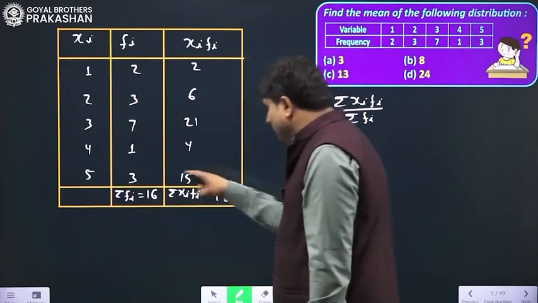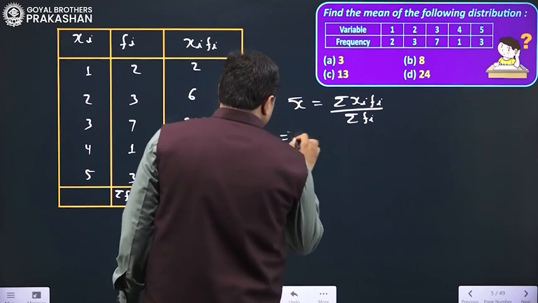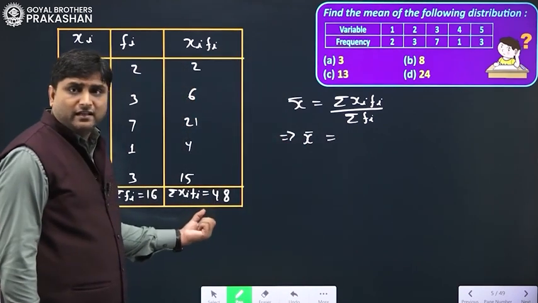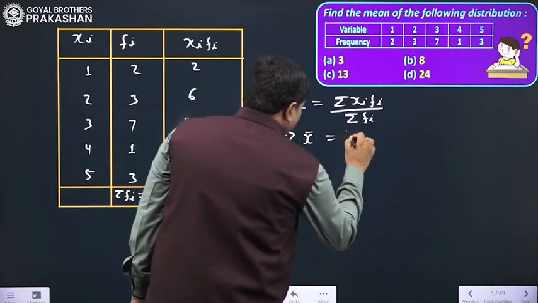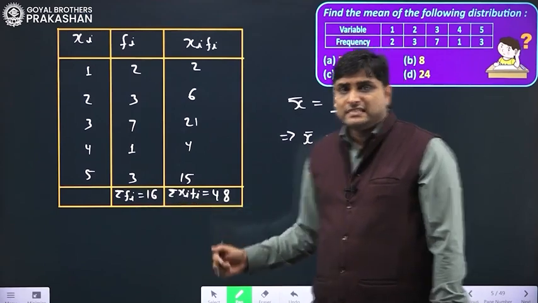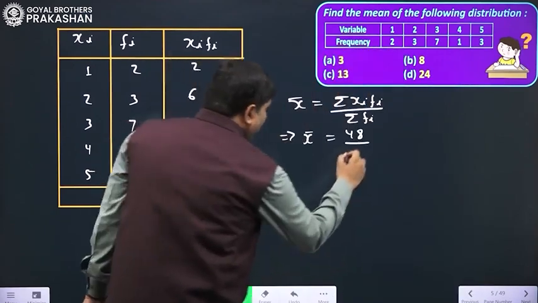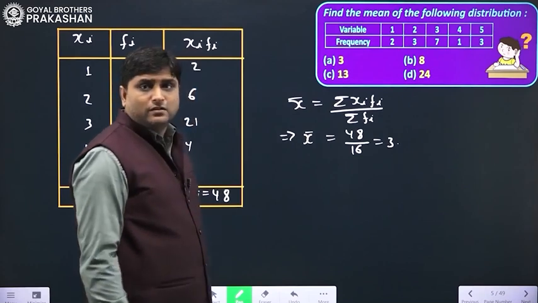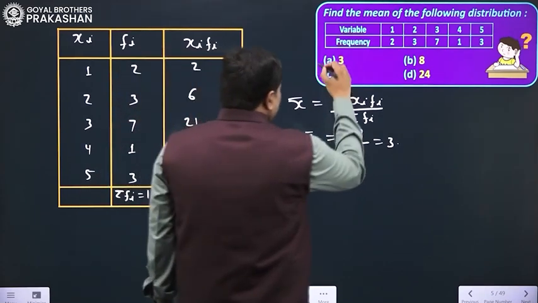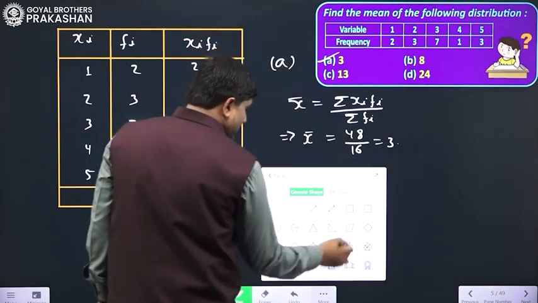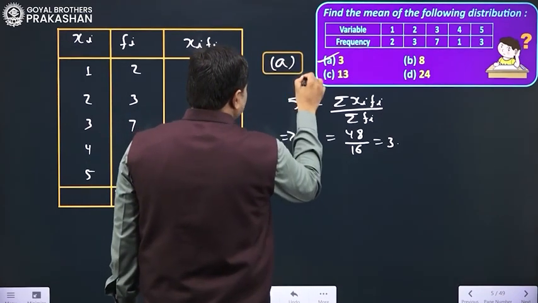If we put these values in the formula, then x bar will be summation of xi fi, which we get as 48, divided by summation of fi, which is 16. So 48 divided by 16 is equal to 3. So the mean for this given data is 3, which is there in option A. So option A is correct for this question.